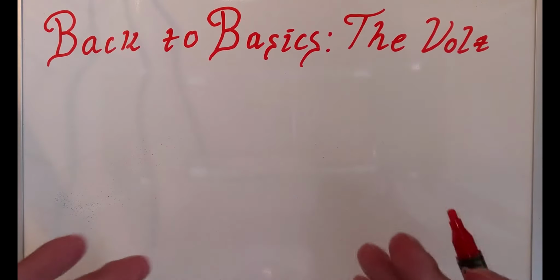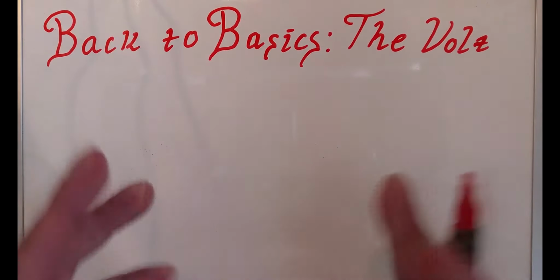So, let's express the volt with some mathematics. Now, there are a lot of ways that we can classify the volt in math. So we can start by saying a volt is equal to potential energy, which I'll just abbreviate as PE, over charge, which we can also say is equal to Newton meters over coulombs.